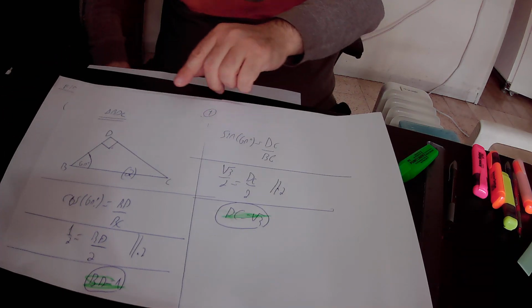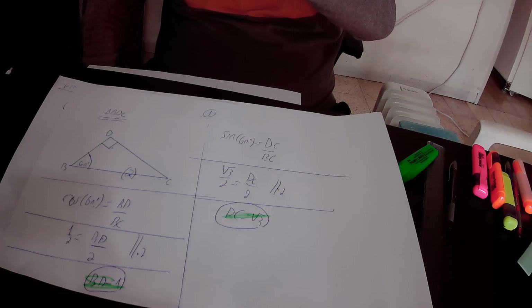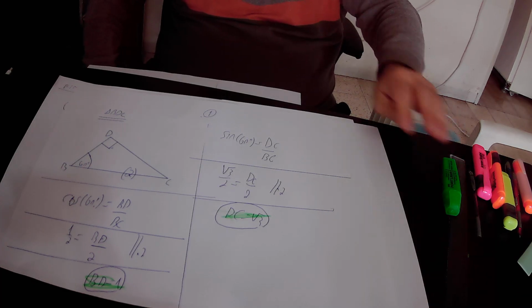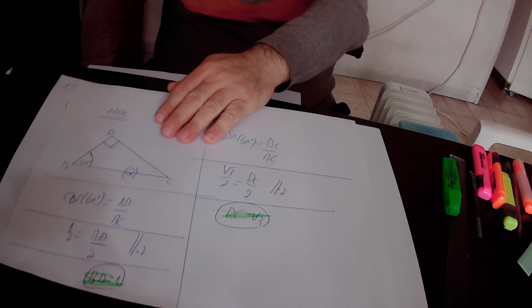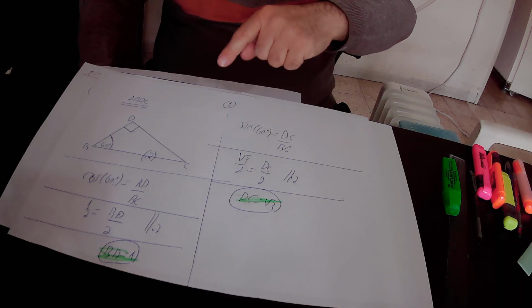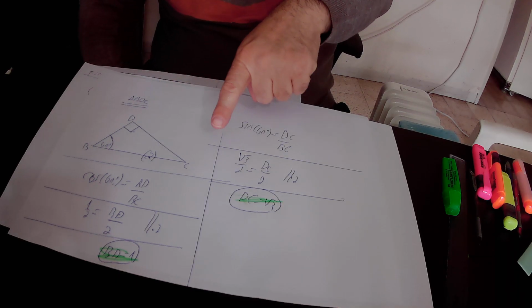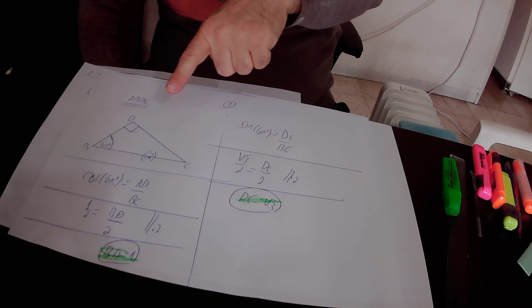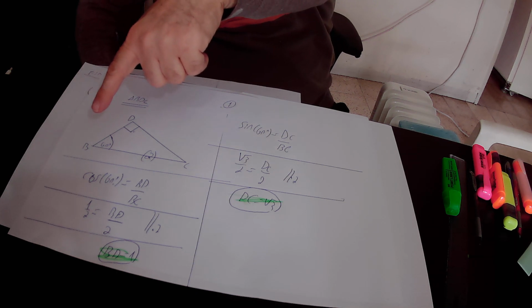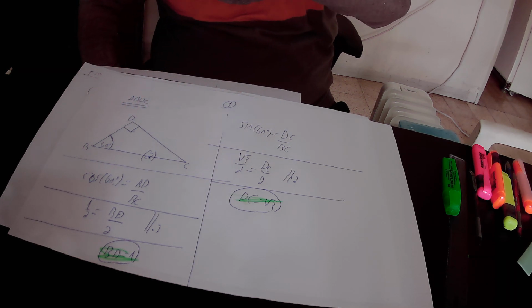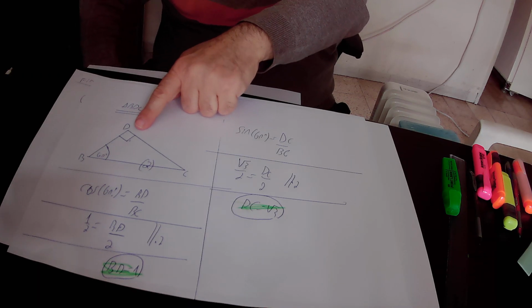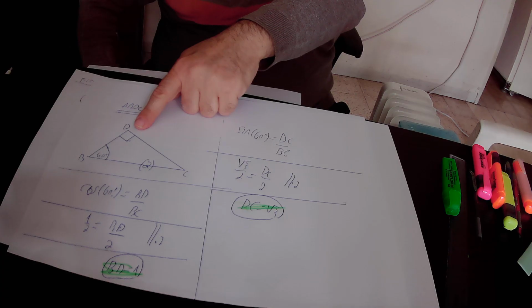This is the right triangle DCB from the original drawing. In this right triangle, BC equals 2 and this angle B equals 60 degrees according to what is given in the question. And this angle equals 90 degrees according to construction.